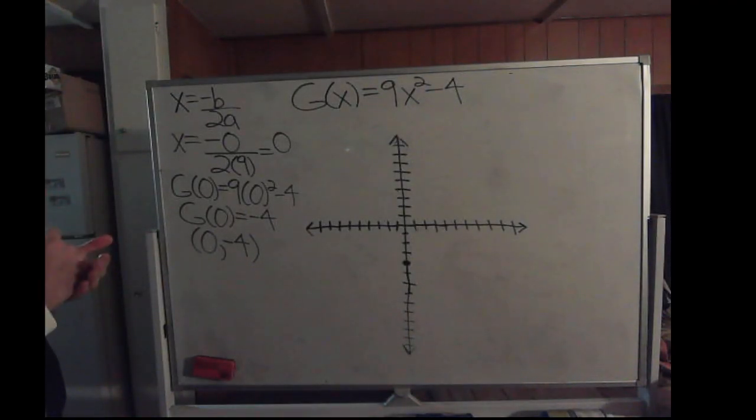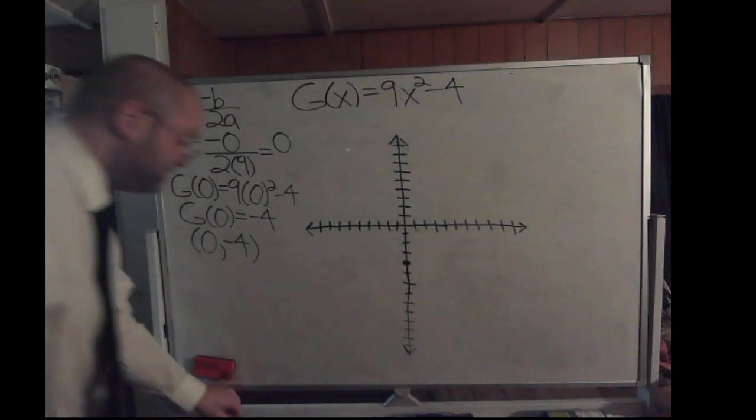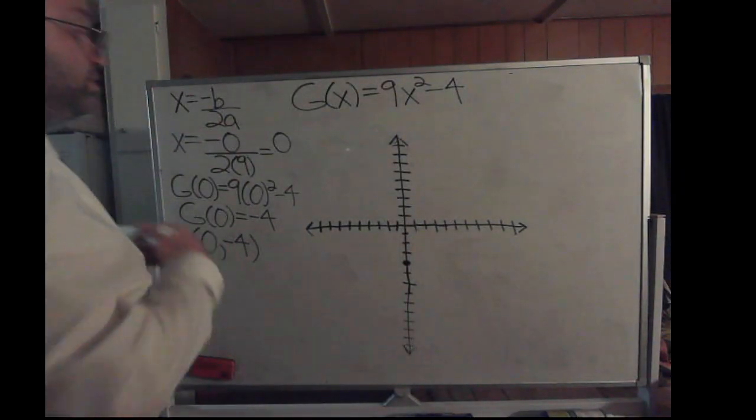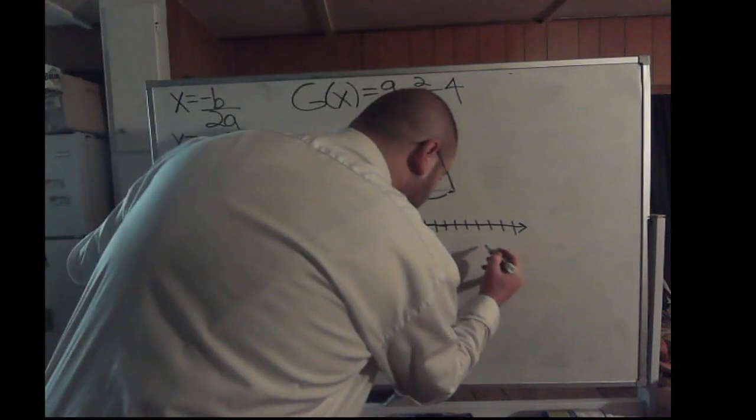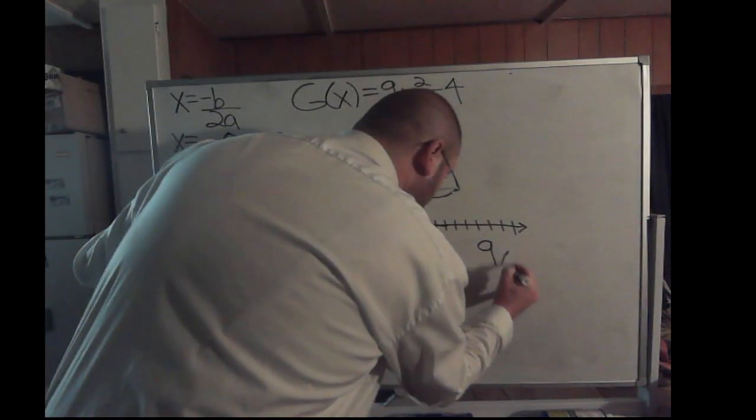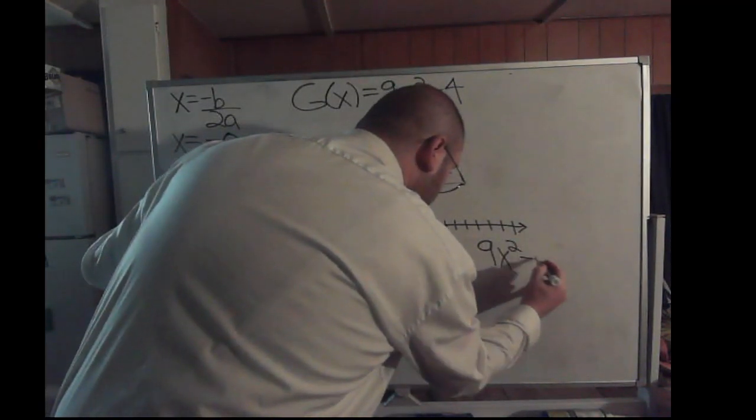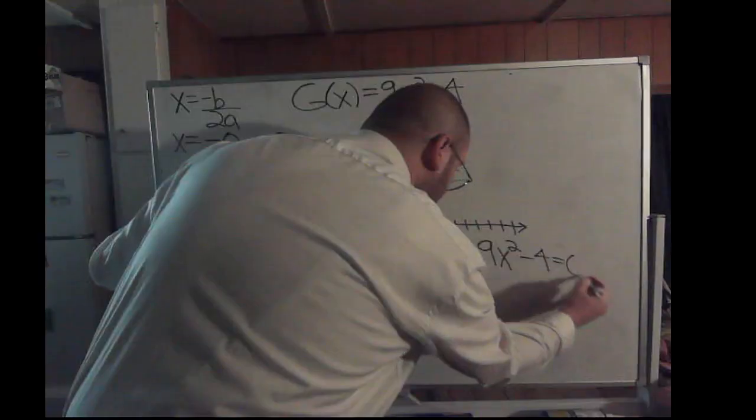Now, we can find the x-intercepts. So let's go ahead and do that. Set the function itself equal to 0. You'll get 9x squared minus 4 equals 0.